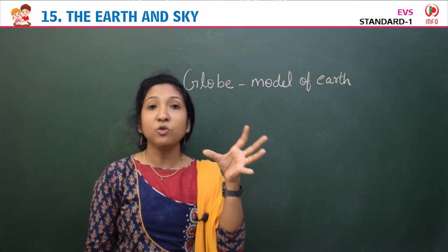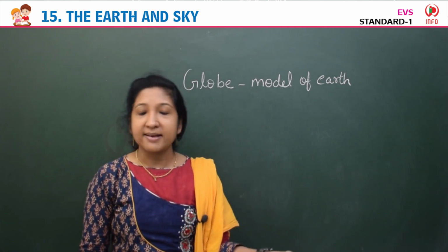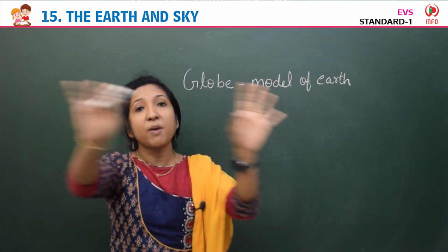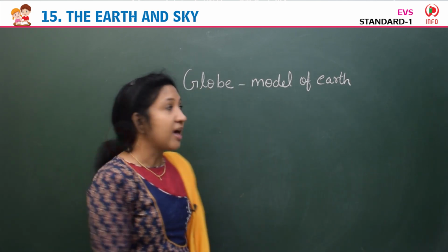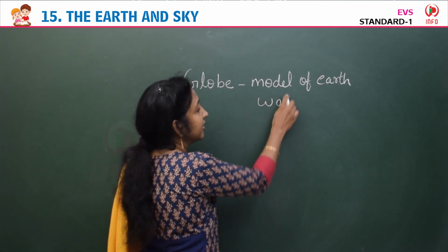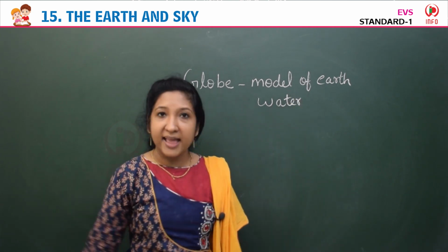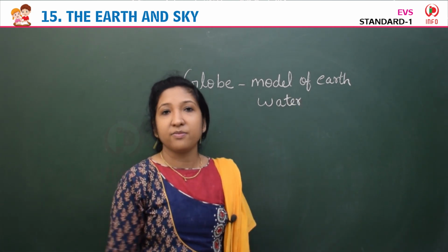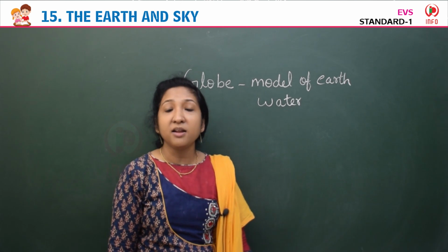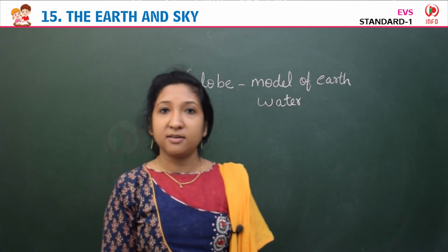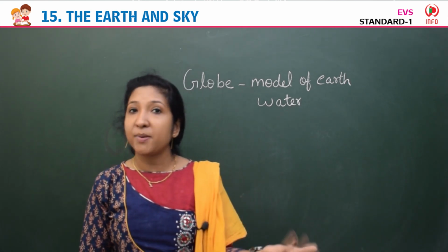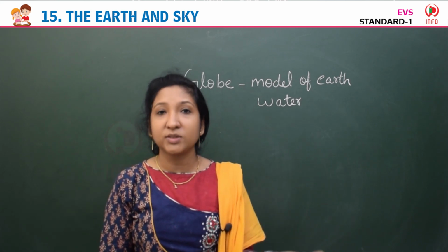So blue color shows water. It means most part of the earth is covered with water. The rest is land where we live. Yes, so the globe helps us to understand how our earth looks like.